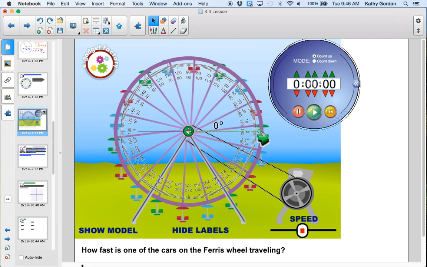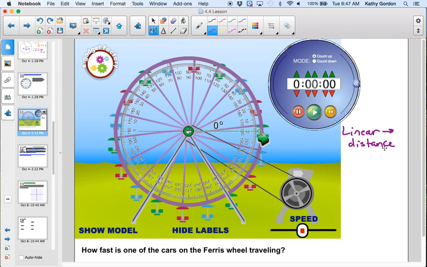For linear speed, we're trying to find distance over time, or maybe we should say change in distance over change in time. You all know the delta, right? For angular speed, we're looking for the change of the angle over the change in time.